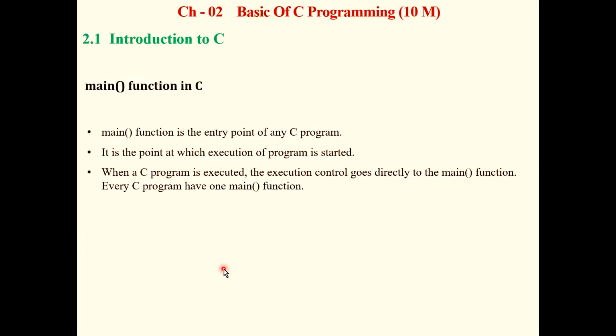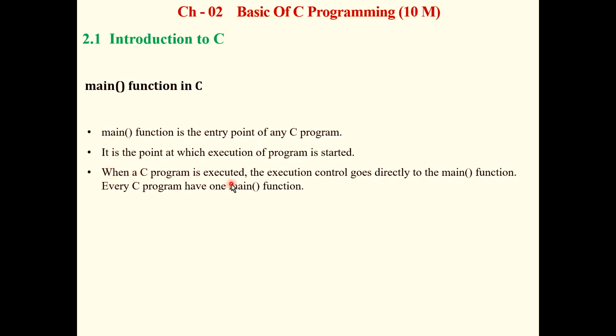Okay, then main function in C. The main function is the entry point of a C program. It is the point at which execution of the program starts. Okay, so when you write the program and when you compile the program, compile means we check whether the program is right or wrong, wrong means whether there is an error in our program or not. At that time it starts the compilation from the main function.